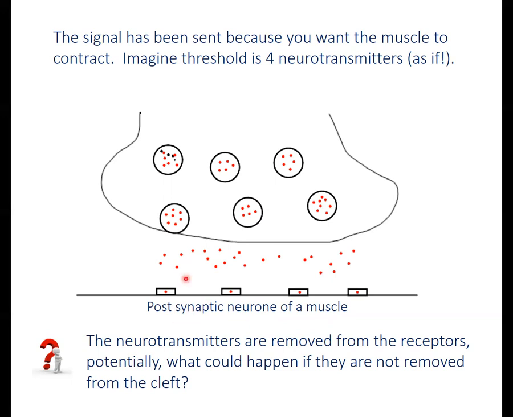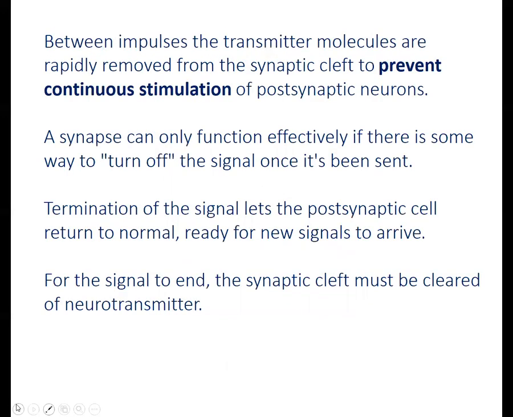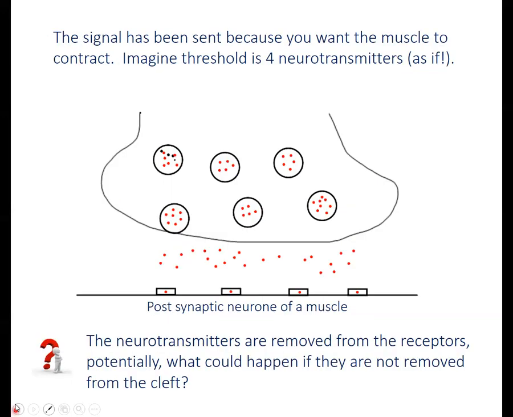Potentially, what could be the problem if these neurotransmitters are not removed from the synaptic cleft? Well, you could end up with something called continuous stimulation. You want to contract the muscle, so you need to reach threshold for that impulse to be passed across.